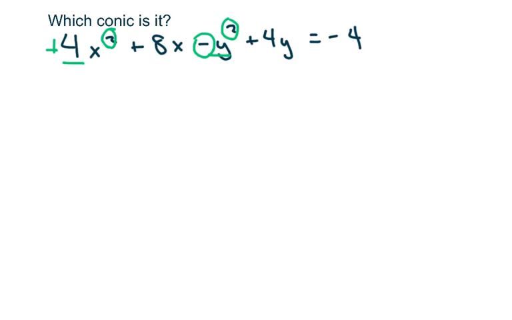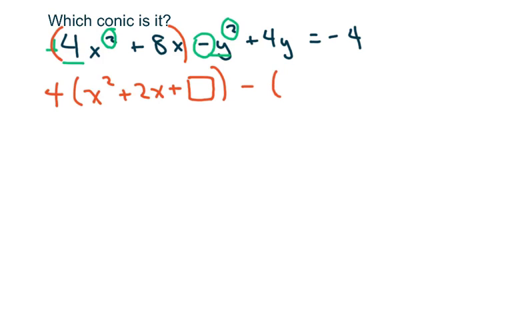Basically, I'm going to complete the square here and group my x's together and then my y's. So I'm going to pull out a 4, get x squared plus 2x, and a box, or a square, minus y squared minus 4y. Be careful when you do this.